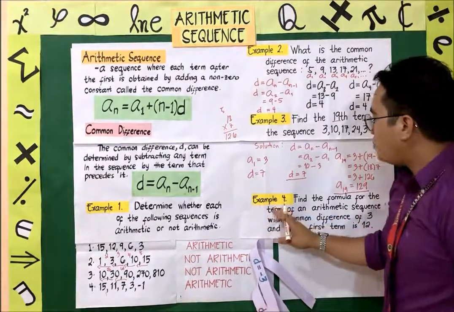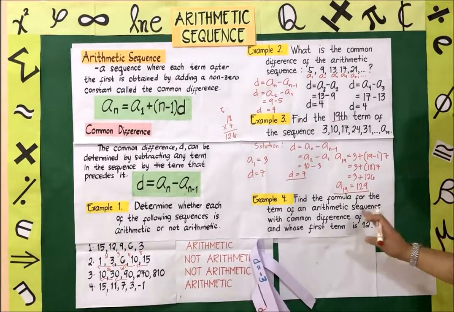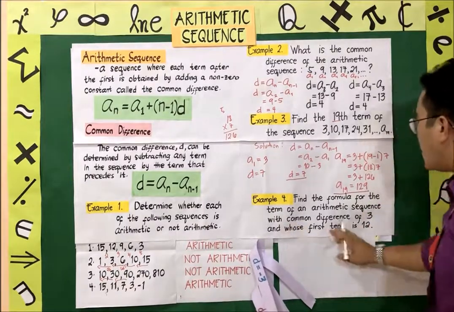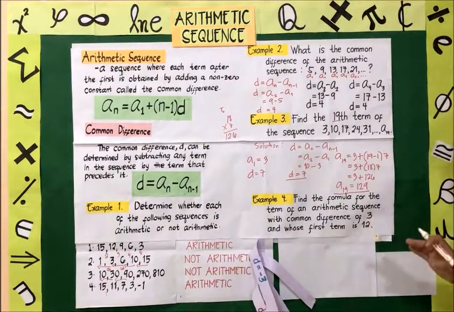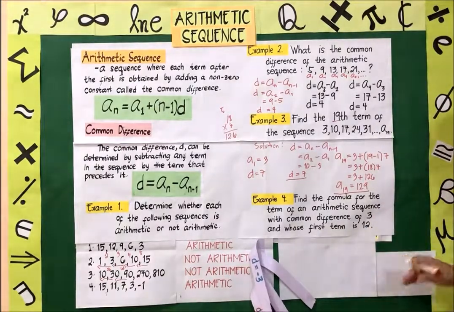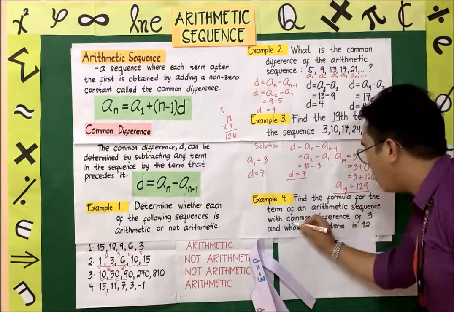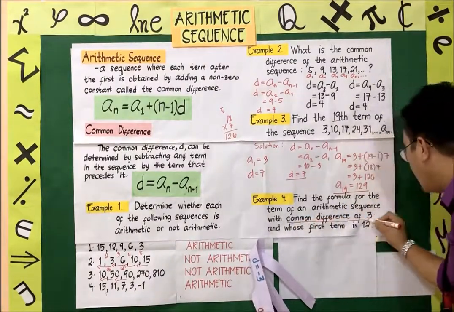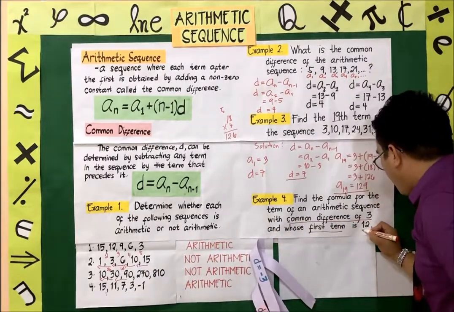Okay, for the example number 4, find the formula for the nth term of an arithmetic sequence with common difference of 3 and whose first term is 12. So we're going here to find the formula. Hanapin natin yung formula. Mapo-form natin given yung common difference natin na 3 at saka yung first term natin na 12.